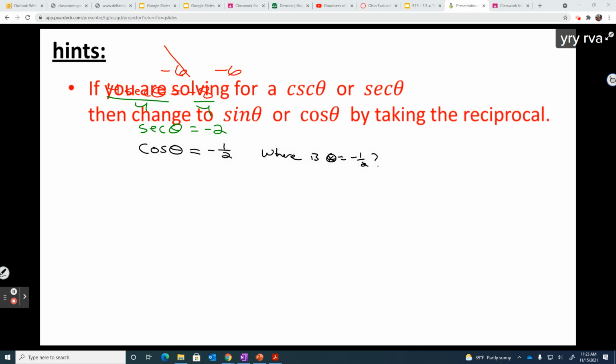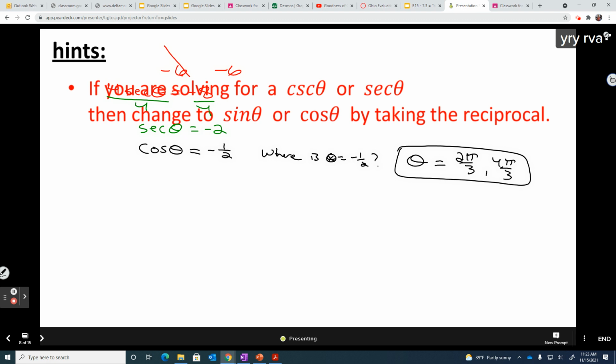That's going to be where theta equals 4 pi over 3 and 2 pi over 3. A lot easier to answer that question. So whenever you end up with a secant or a cosecant, just flip it and make it a lot easier.